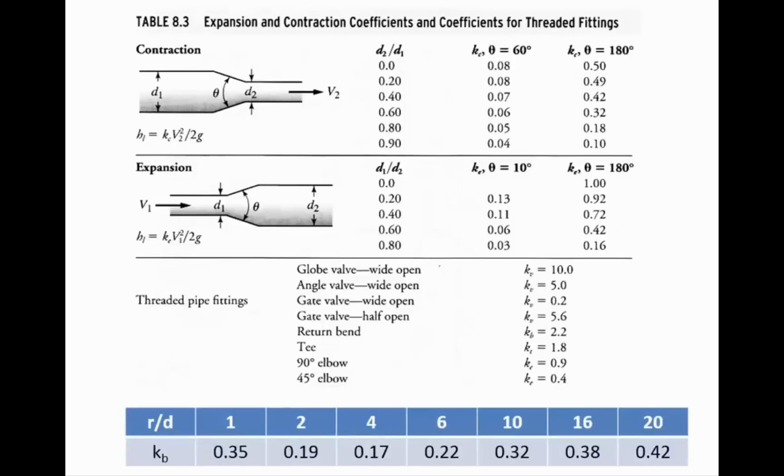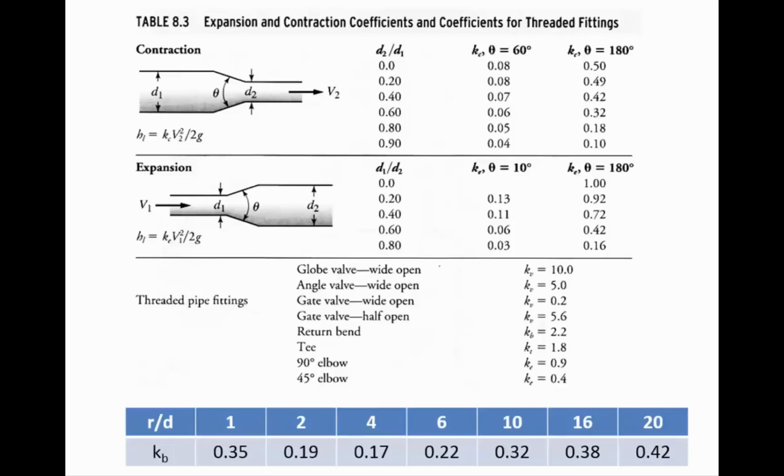This last row of data is talking about how sharp a transition is, the radius to diameter for a bend. And we saw this on the pipe rack last semester, that one of the bends is very long and gradual for changing the pipe direction, but then there was another bend that was pretty abrupt.